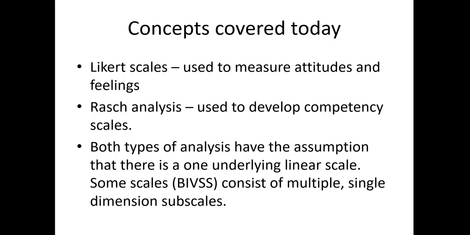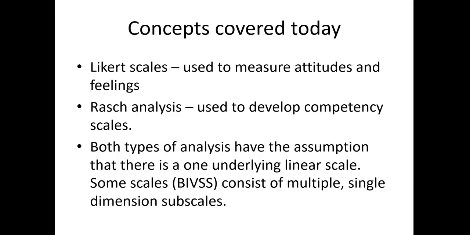And so if I find a bad question, I throw it out or revise it for the next time or something like that. There weren't any bad questions in the midterm, so we looked at all of them. Both types of analyses have the assumption that there is one underlying linear scale.